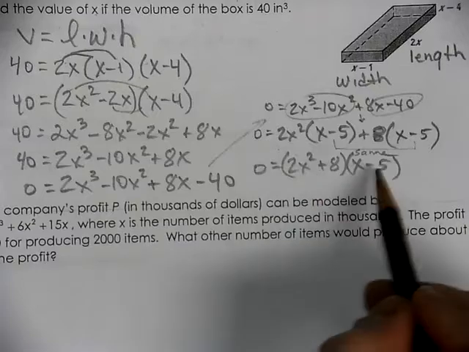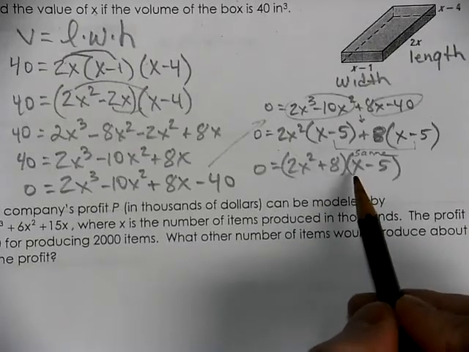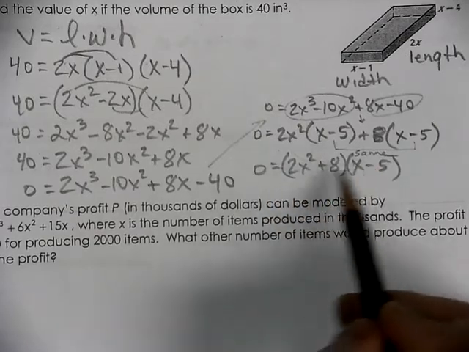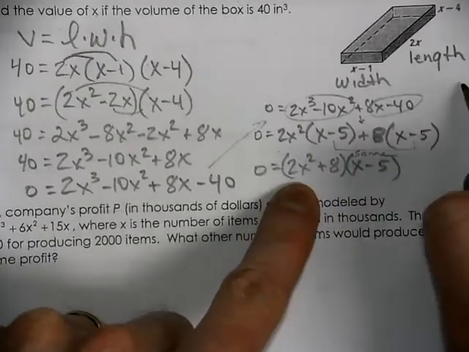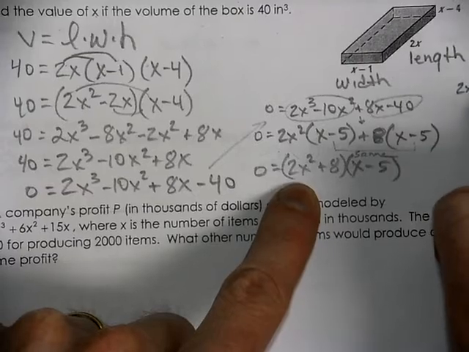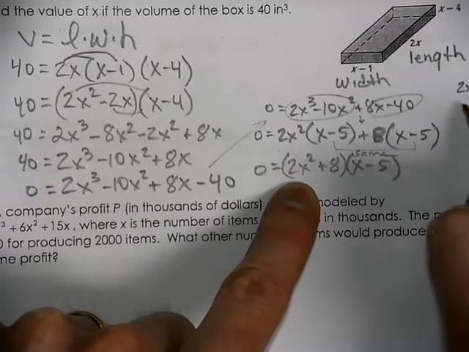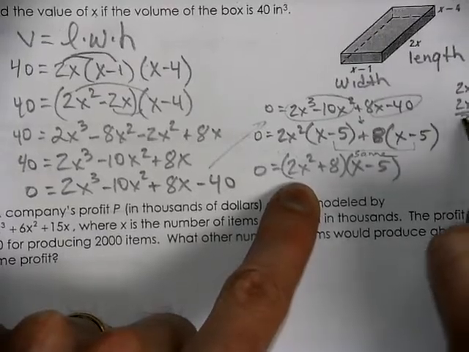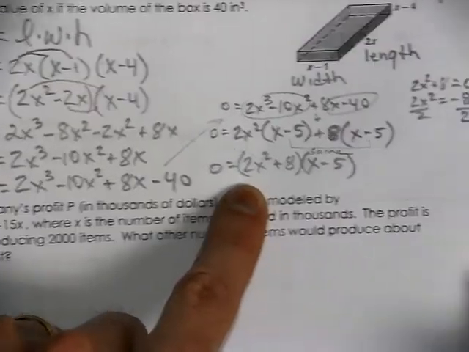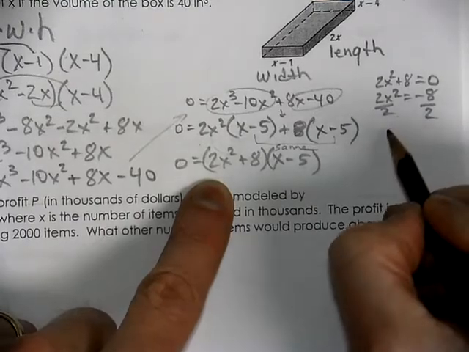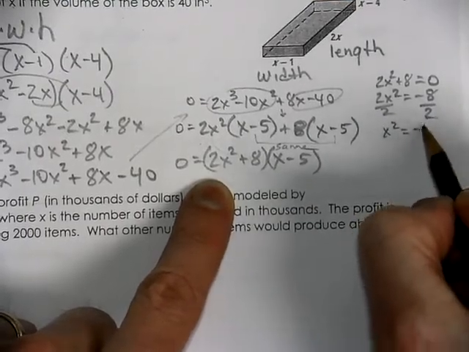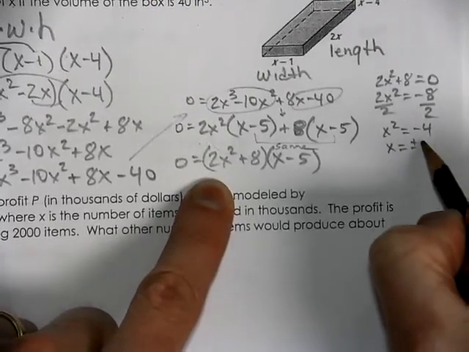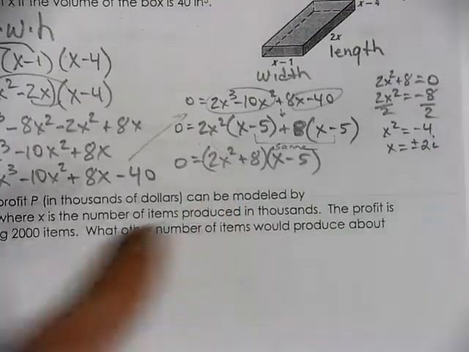Now we have our two binomials that this equals 0. So we can use what's called the zero product property. That would be 2x squared plus 8 equals 0. When you subtract the 8 across and divide by 2, we get the number of -4, and we take the square root of that, so we get plus or minus 2i.